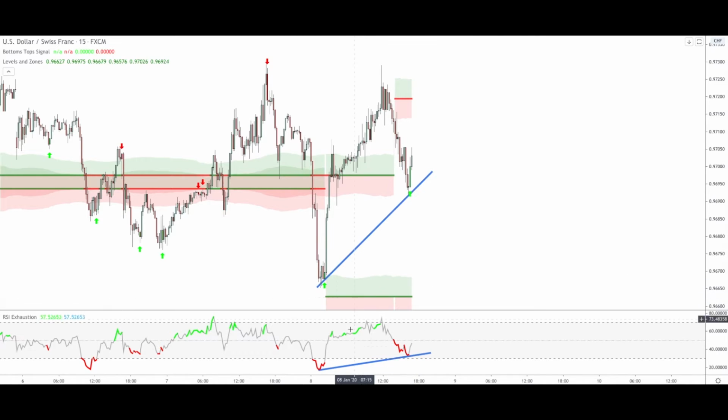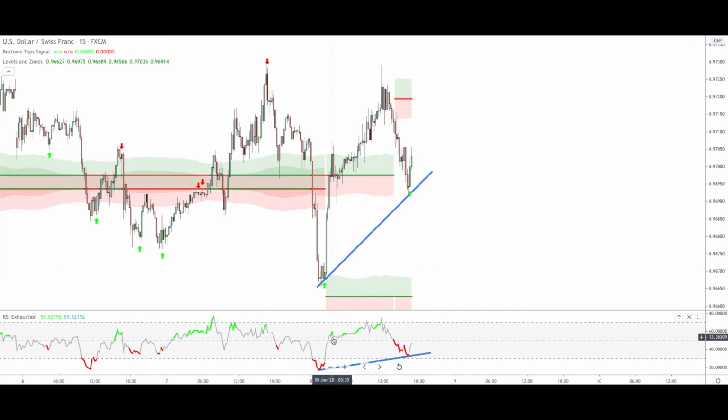However, what we have here is a very common situation that happens in the market. Basically, you have one bottom and then another bottom sometime later, which is substantially higher.